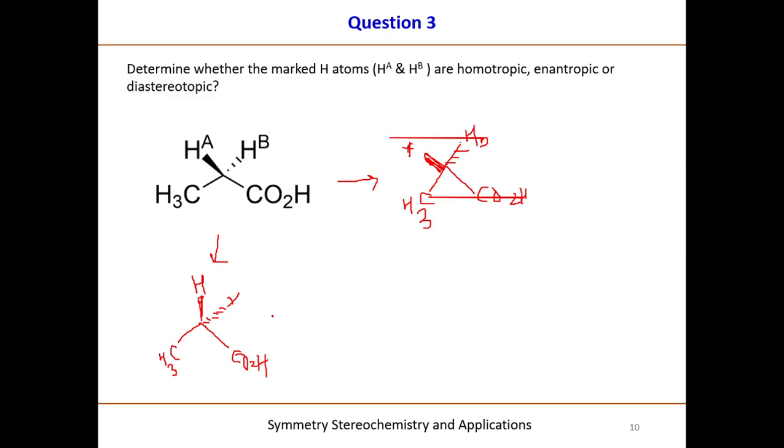Now you have to check whether these are mirror images of each other or not. If I pass the plane here, I will get exactly a different stereochemistry. The CH3 group will be present here, and then the HD group will come here, and both the other groups will be on the same side.